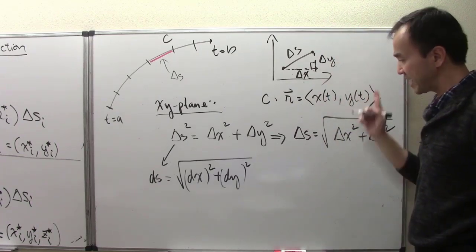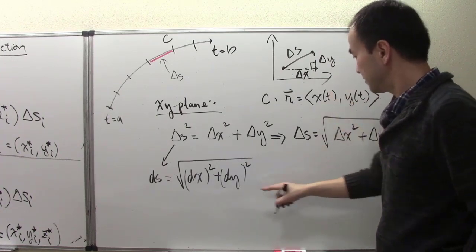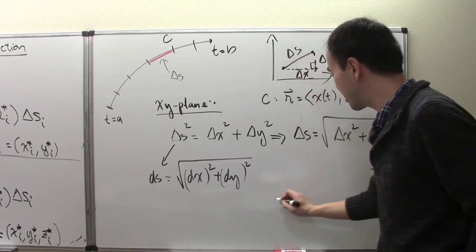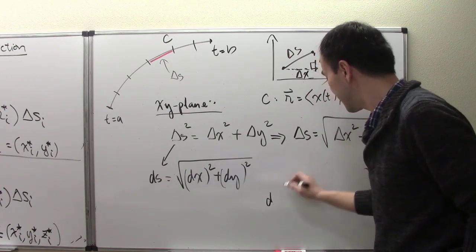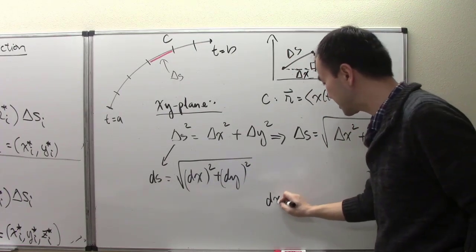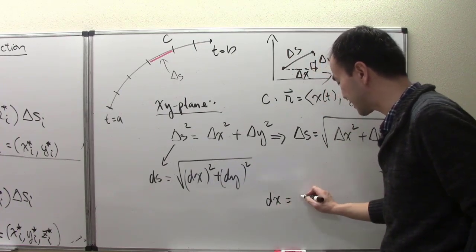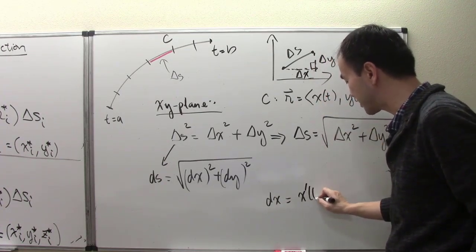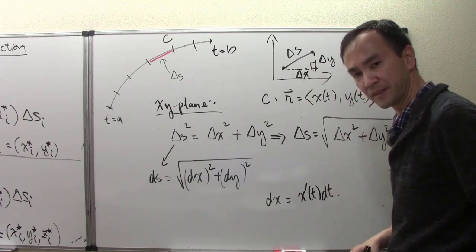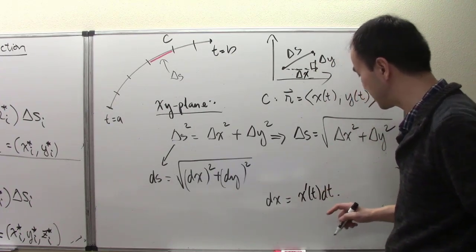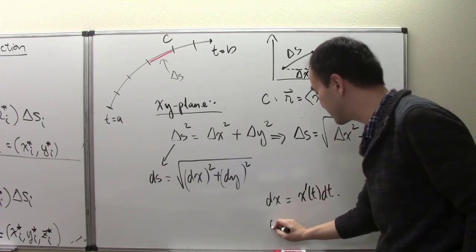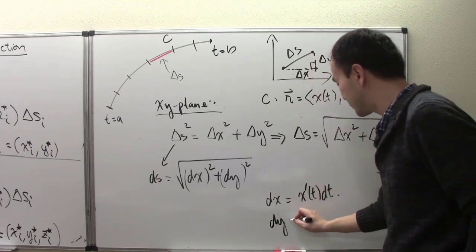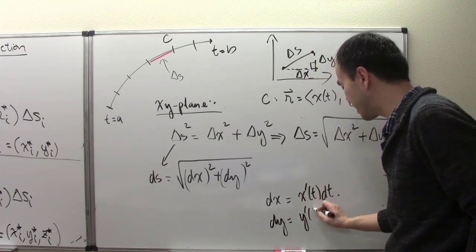In that case, let me open a side note right here. x is a function of t, so dx as a differential is x prime of t times dt. Okay, dx is x prime of t times dt, and the same for the dy differential, which is y prime of t times dt.